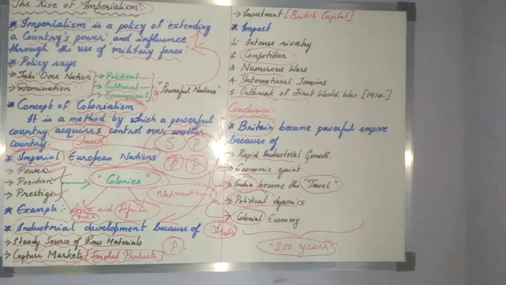Once again, you revise it and go through the textbook once. Very shortly we will be having a test on this particular lesson, the industrial revolution and growth of nationalism.